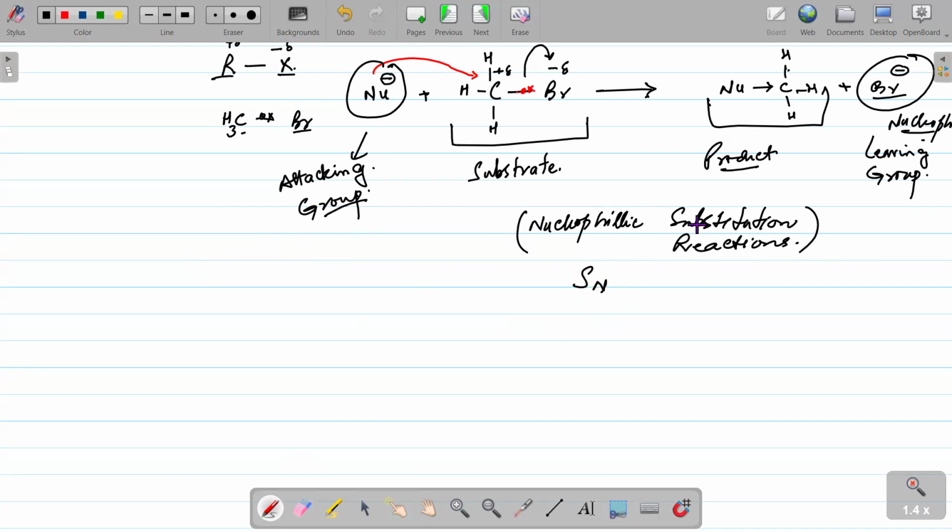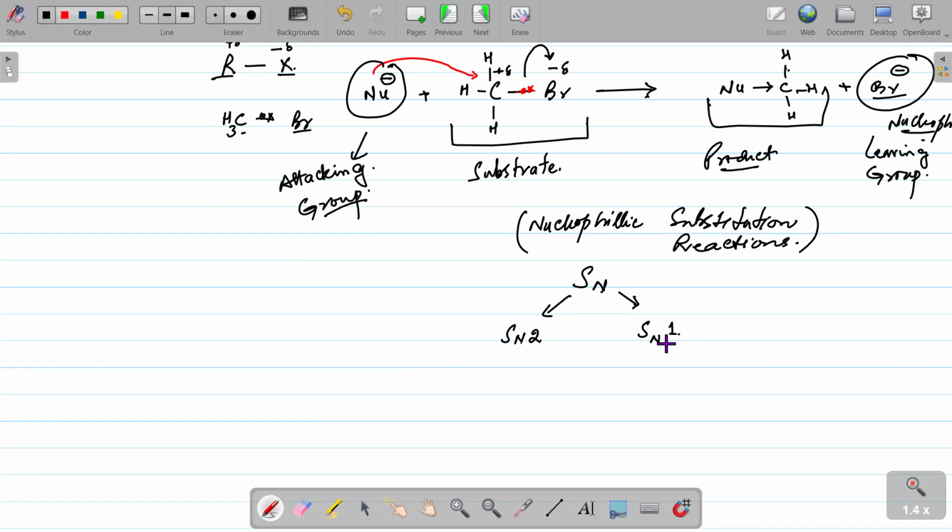Actually, S stands for substitution and N stands for nucleophilic. So nucleophilic substitution is represented by SN. There are two types of these reactions: one is SN2 and the other one is SN1.